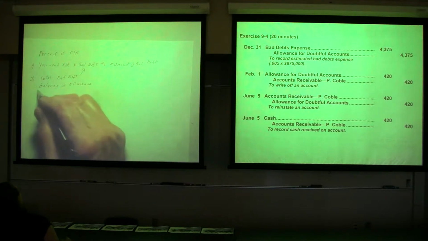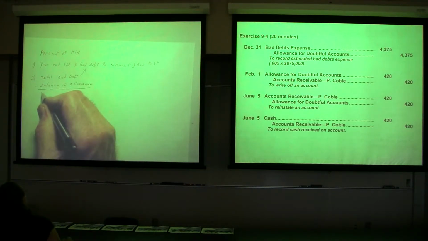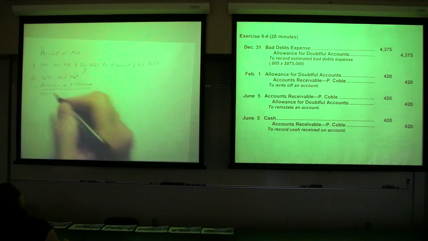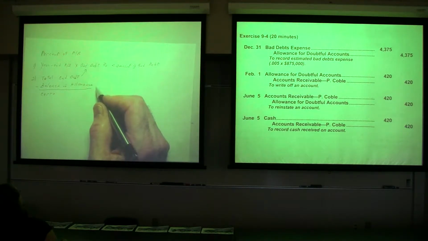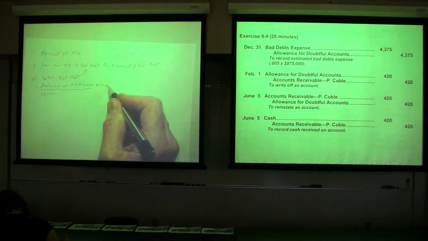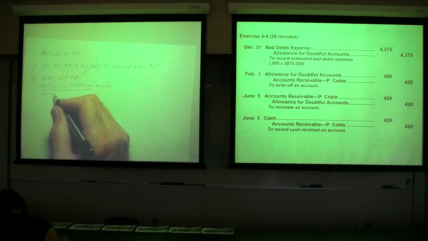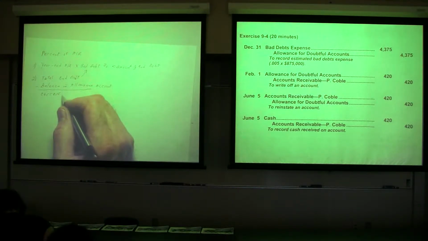That will give us the current bad debt expense. Minus the balance in the allowance account, okay, right? Equals the current bad debt expense.